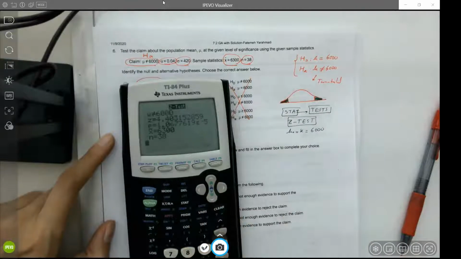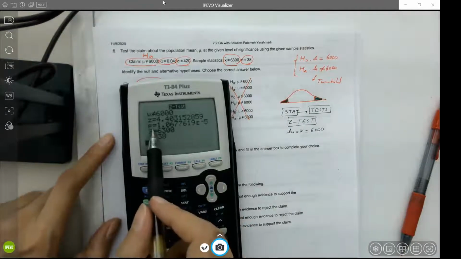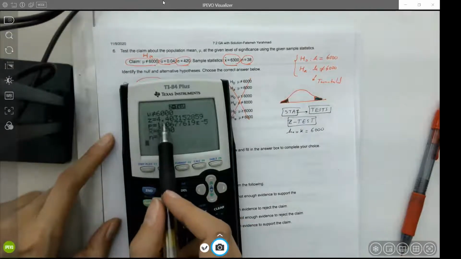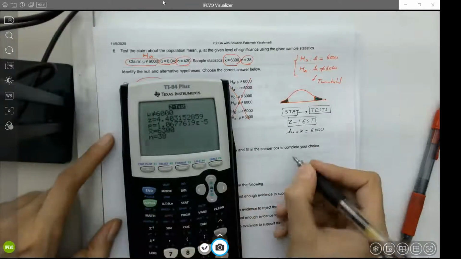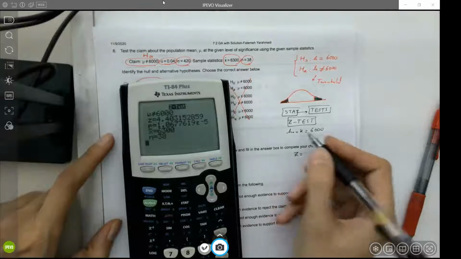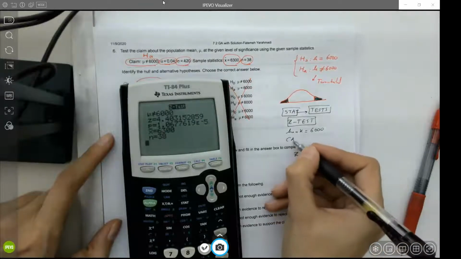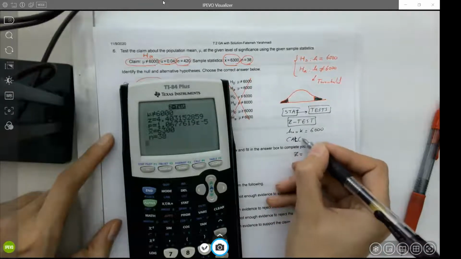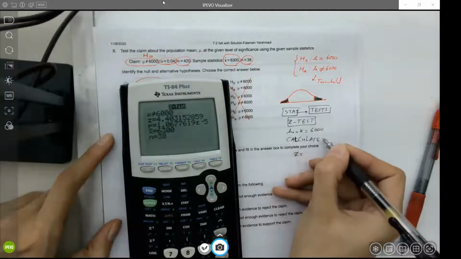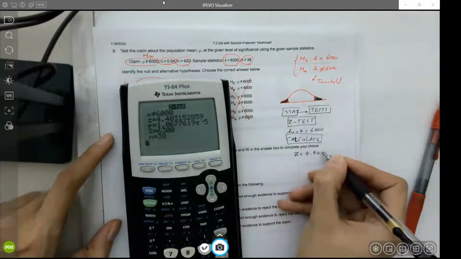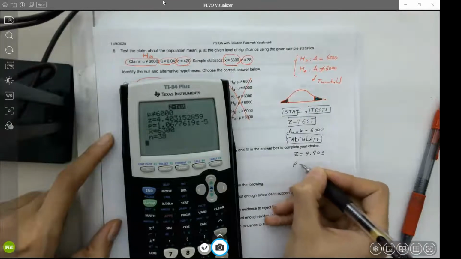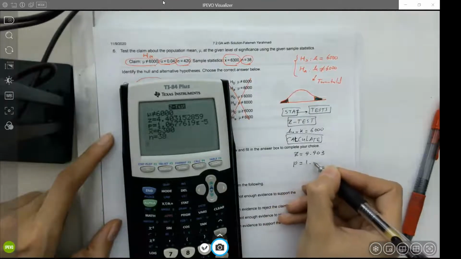So let us calculate. Very well. My Z is 4.403. So these are the information. By calculating this, Z is 4.403 and the P-value is given as 1.